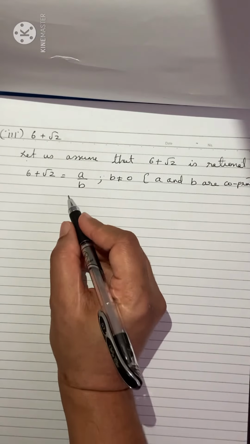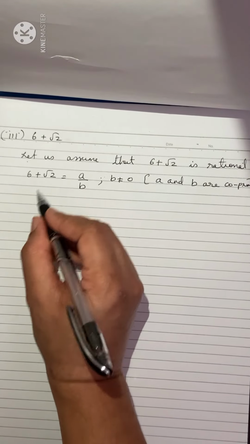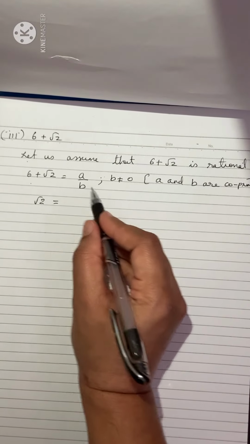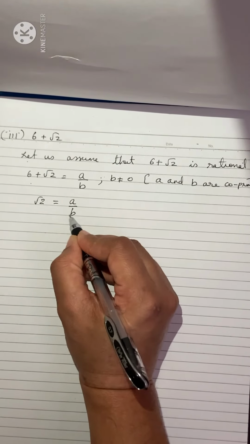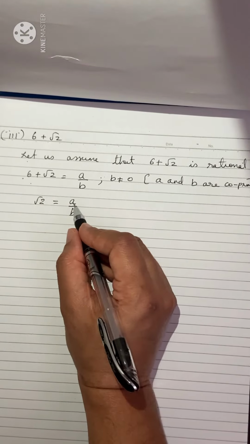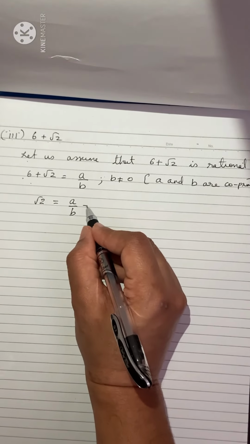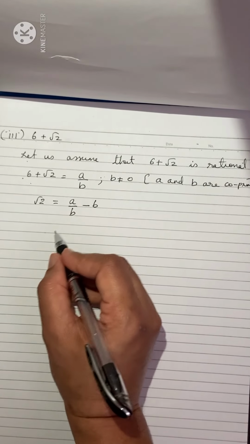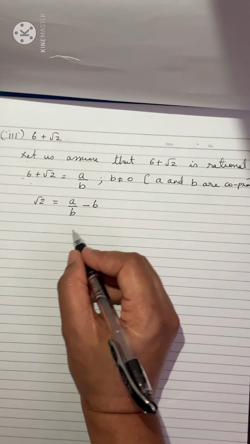Now we have to keep root 2 on the left side and take 6 to the other side. A by B, here plus 6, so when it goes to the right side, this is minus 6. Now we have to take the LCM and solve it.